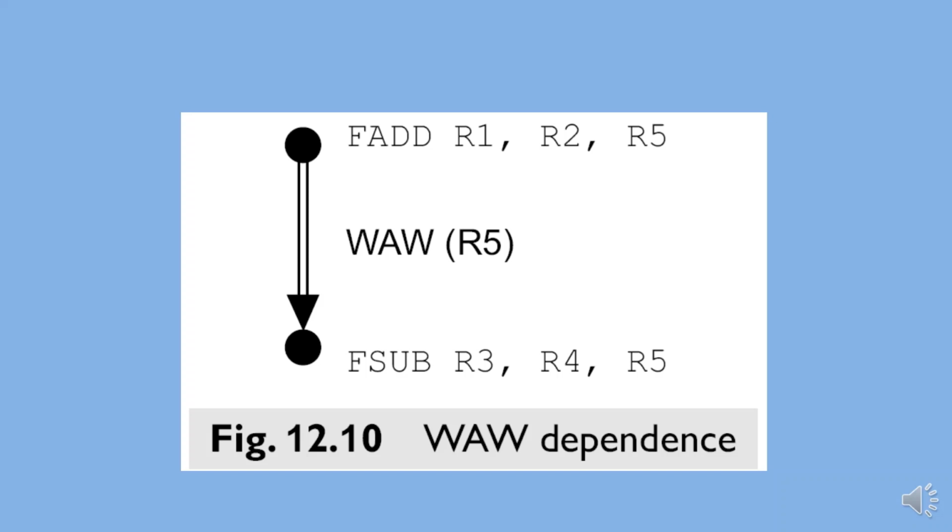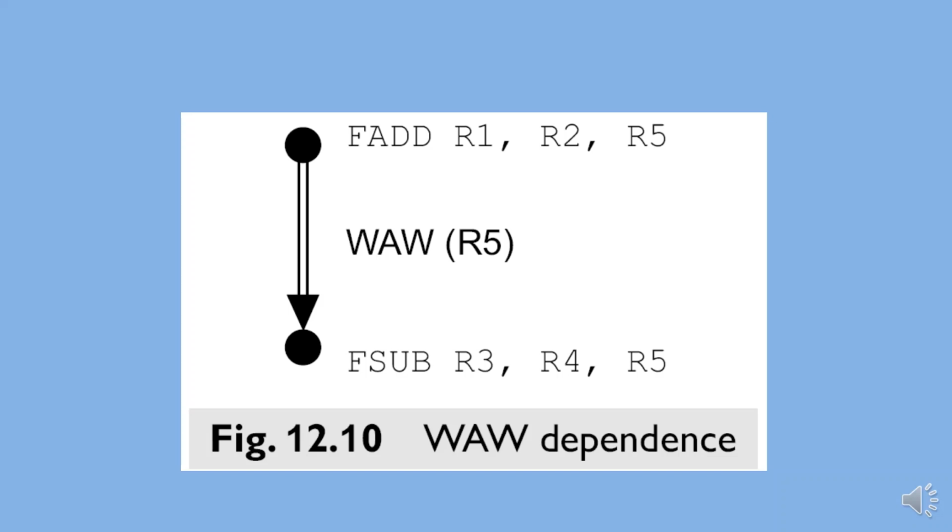Now since F add and F sub are writing to two different registers, the output dependence or WAW between them has been removed. When F sub commits, then the value in R5 should be updated by the value in X, that is, the value computed by F sub.